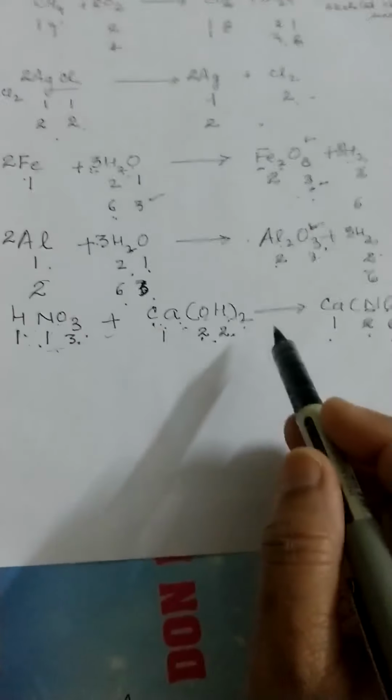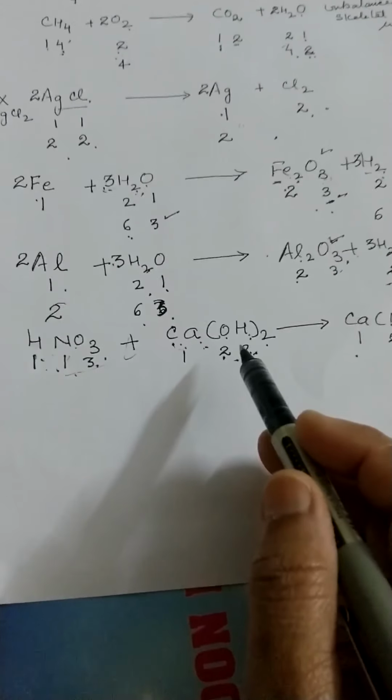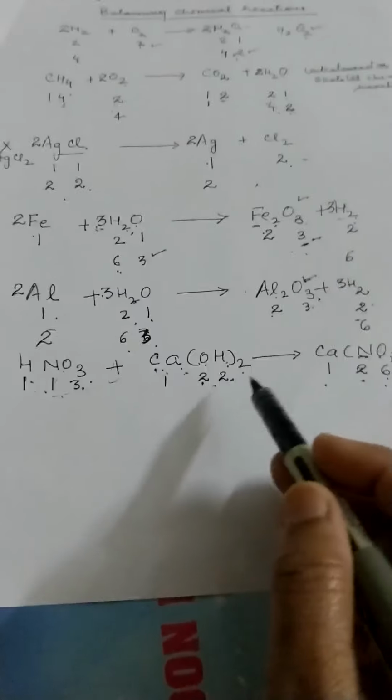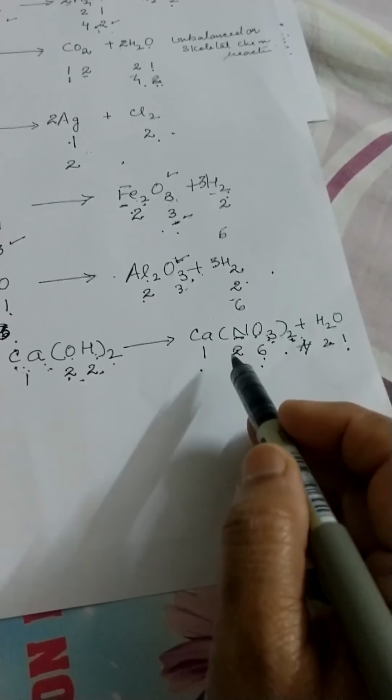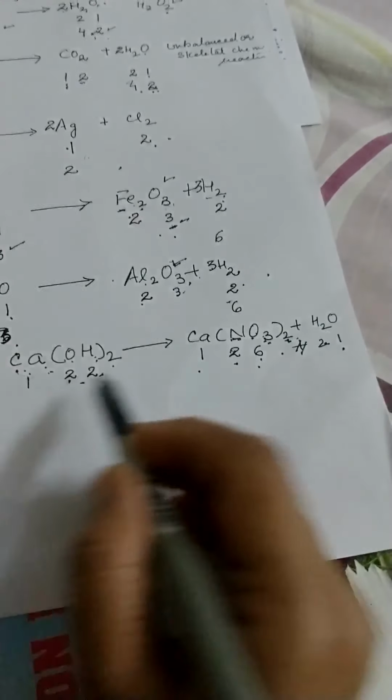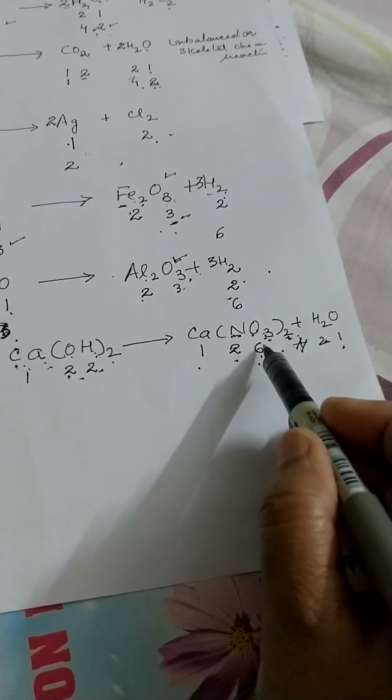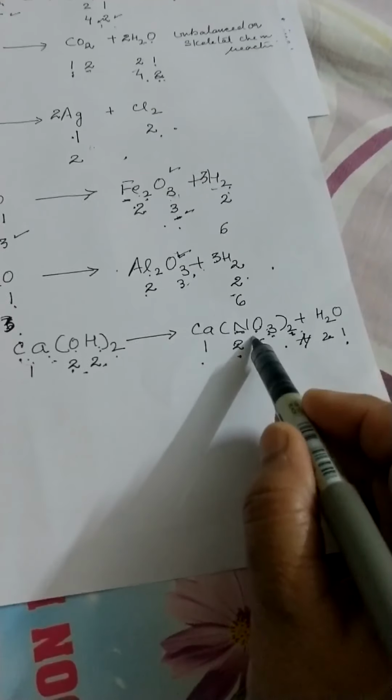So we have to start. Now let us see from where we can begin. I do not know how to do it, so let us check together. I think I should begin with this compound, calcium nitrate.